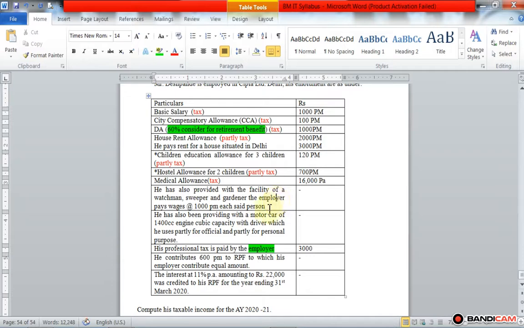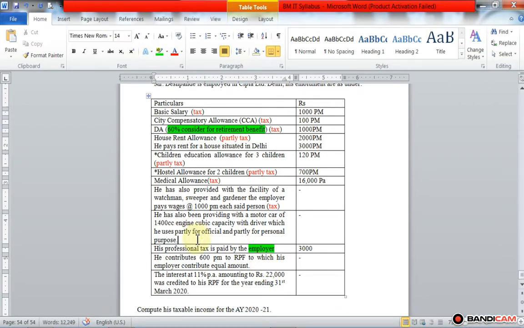Then the perquisite: the employer provided the facility of a watchman, sweeper and gardener to the employee, and the wages of these three persons are paid by the employer, not the employee. When the employer pays wages for facilities provided to the assessee, it is taxable. So this perquisite is fully taxable.